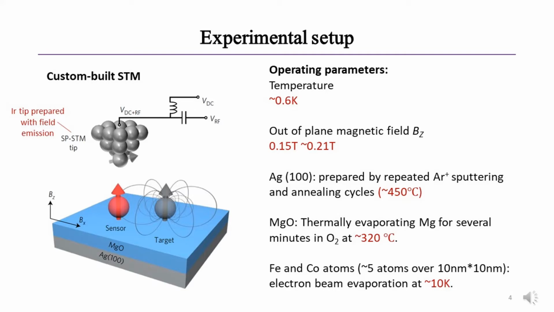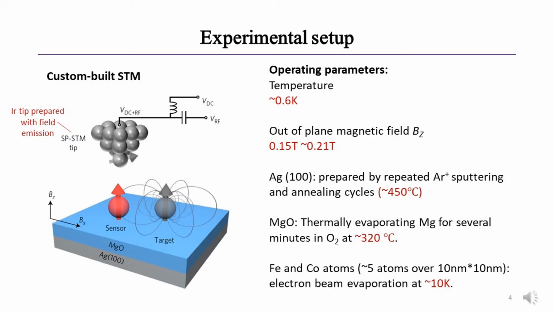The silver substrate was prepared by repeated argon sputtering and annealing cycles at about 450 degrees, and the magnesium oxide was obtained by evaporating magnesium for several minutes in an oxygen atmosphere at about 320 degrees. To deposit iron and cobalt atoms, they were evaporated at about 10 Kelvin using electron beam evaporation.